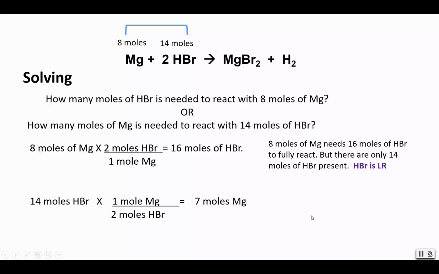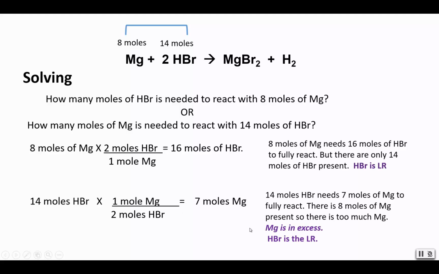Let's do it with hydrobromic acid, so maybe this will be a little clearer. If I have 14 moles of hydrobromic acid, how many moles of the other reactant does it need? So I do the molar ratio between those reactants, and I find out that it only needs 7 moles of magnesium. So 14 moles of hydrobromic acid just needs 7 moles of magnesium, and I was given 8 moles to start with.